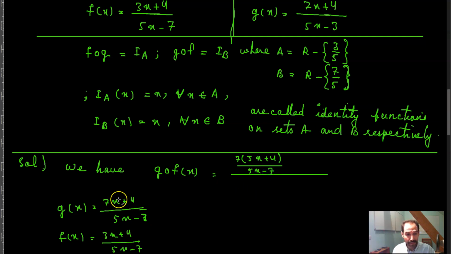So that's 7 times (3x plus 4) over (5x minus 7), plus 4, and then in the denominator you have 5 times the same fraction, (3x plus 4) over (5x minus 7), minus 3.